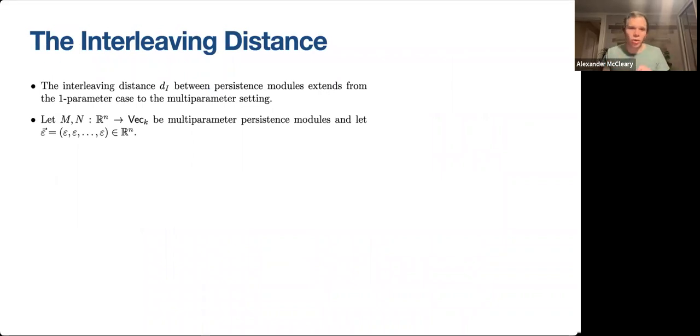Before we worked with epsilon interleavings, where epsilon was just a real number. We're still going to have epsilon interleavings where epsilon is a real number. But now we're shifting by epsilon not just in one direction, but in all directions at once. We do this using this vector epsilon, which is just epsilon in each coordinate.